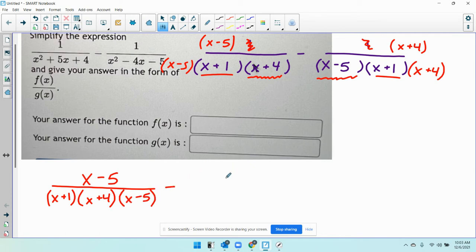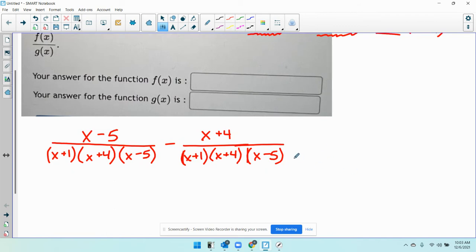Okay, minus, I have x plus 4 here over the same thing, x plus 1, x plus 4, x minus 5.